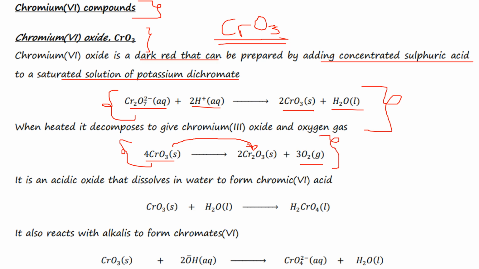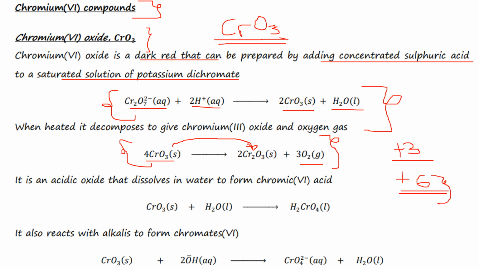Chromium 6 oxide is an acidic oxide that dissolves in water. Now you have to take note of this. An oxide of chromium in the plus 3 oxidation state is amphoteric in nature, but an oxide of chromium in the plus 6 oxidation state is an acidic oxide. Now this has been used by the mock bodies to trick the majority of the students. They describe an oxide of chromium which is acidic and they don't specify it.